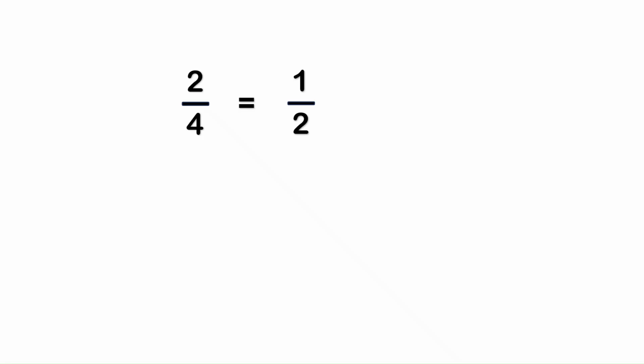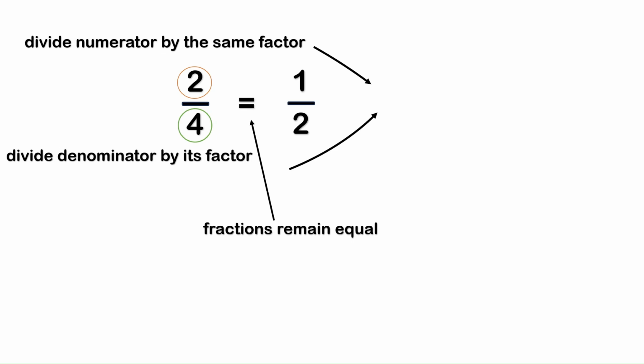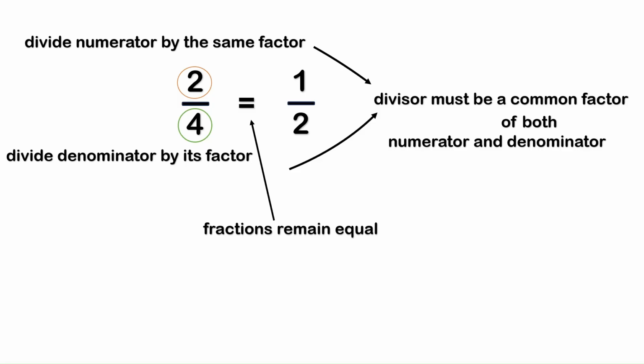This is your denominator 4. Divide it by its factor to make it smaller. And to ensure that the fraction remains equal, divide the numerator 2 also by the same factor. These two statements indicate that the divisor must be a common factor of both numerator and the denominator.